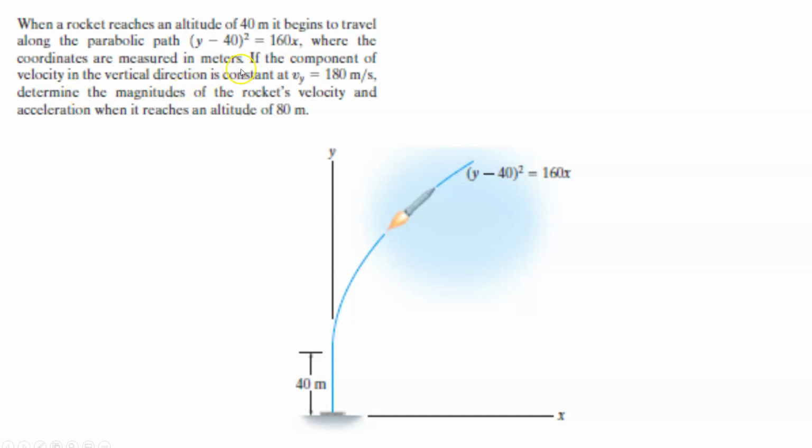That is what they're saying in this second sentence. Again, the magnitude of the rocket's velocity and the acceleration is what we're trying to find: the overall velocity and the overall acceleration when it reaches an altitude of 80.